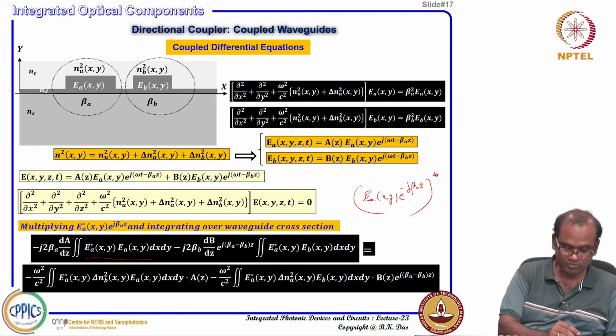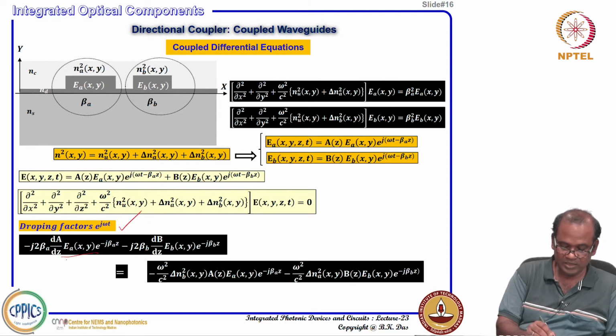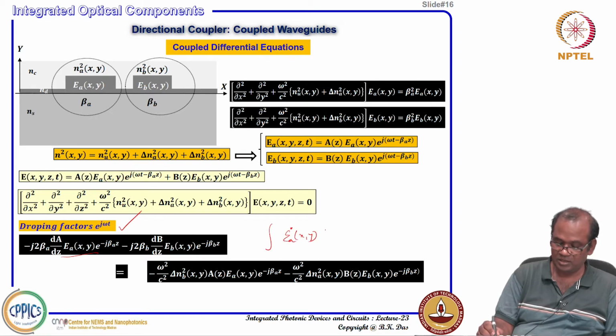If you see the first term, E_a star (x, y) will come as an additional factor, so E_a star(x, y) E_a(x, y), and e to the power j beta minus j beta_a will cancel, dx dy. That is the first term, and the second term is E_a star E_b. That is what you are getting.